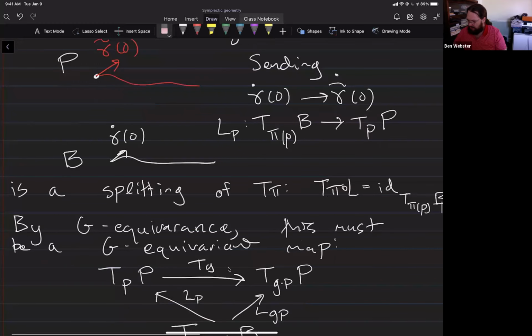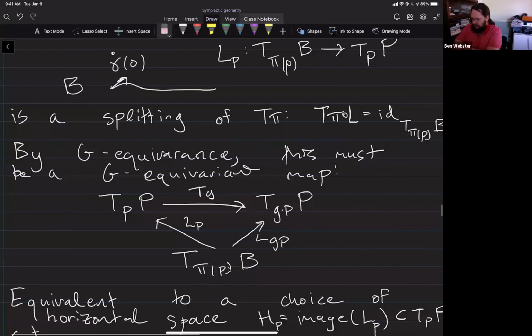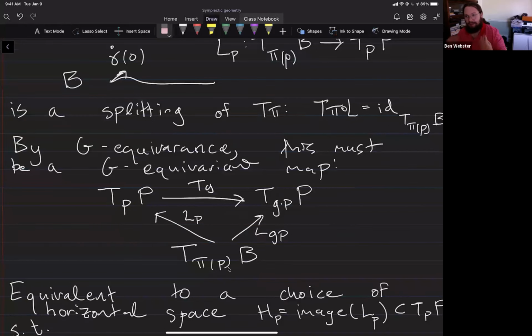By G equivariance, this has to be a G-equivariant map. So if I choose some other pre-image, well, I got to that other pre-image by acting by some element of the group, and everything has to be compatible with taking the derivative of action by that element of the group. So I mentioned this before, but it never hurts to be reminded. There are a bunch of different ways to think about this short exact sequence of vector spaces.